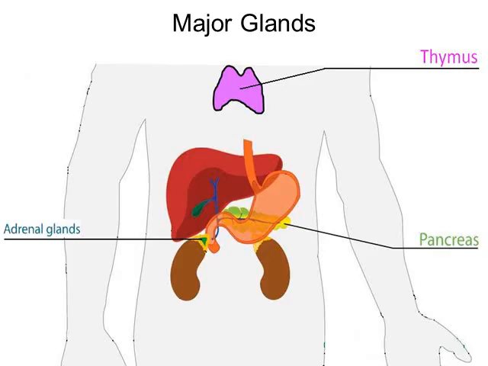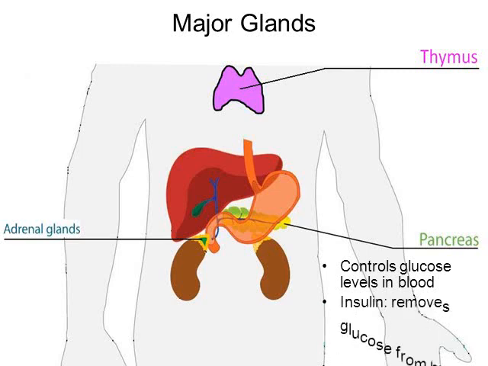Okay, so the next gland I want to mention is called the pancreas, and I'm hoping you're familiar in general with what the pancreas does. It helps to control the sugar levels of glucose that are in the blood. So if the sugar levels are dangerously high, the pancreas will release a hormone called insulin, which will bring the level back down to a safe level.